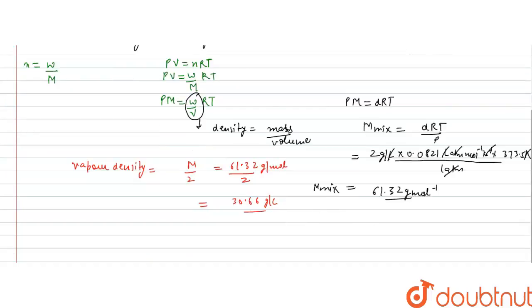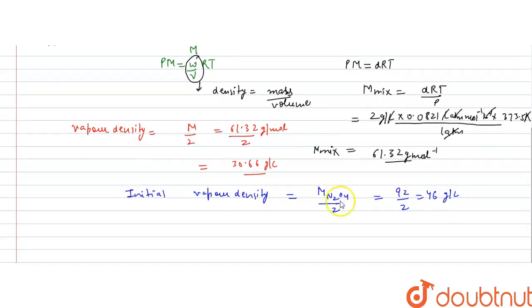This is equal to the molecular mass of N2O4 divided by 2, that is 92 divided by 2, which equals 46.